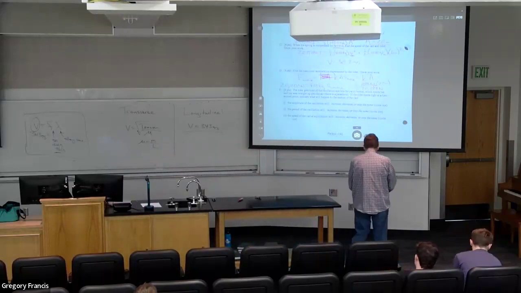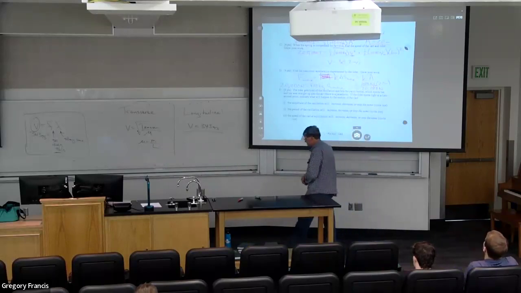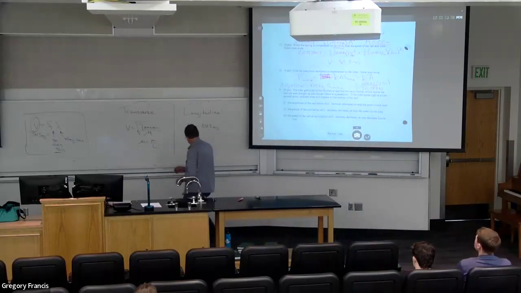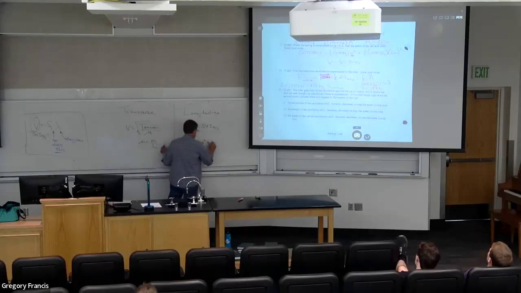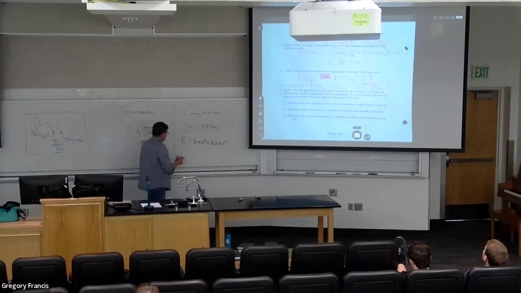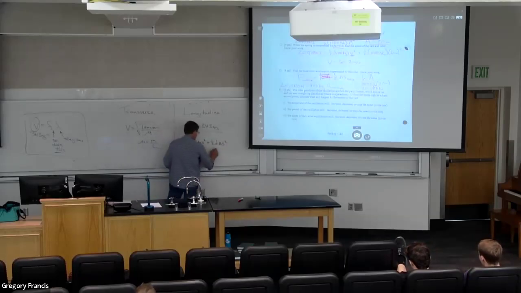Well, right at the turnaround point, if I look at that formula for the energy, if I look at the turnaround point, all of the energy is in the spring.